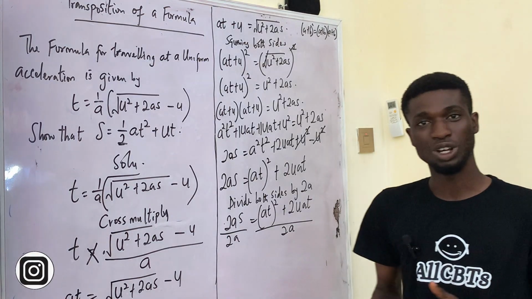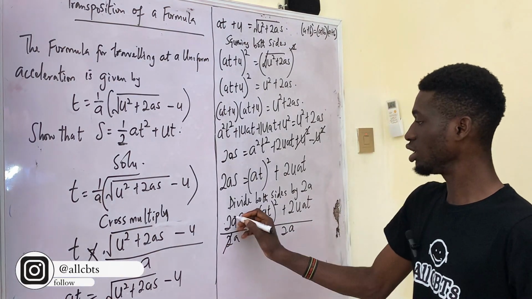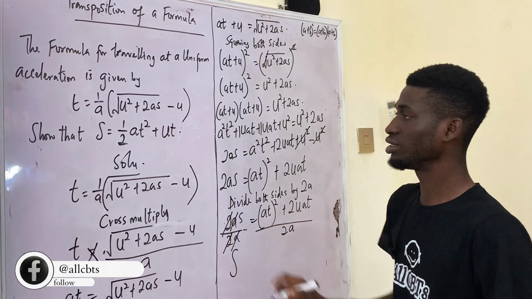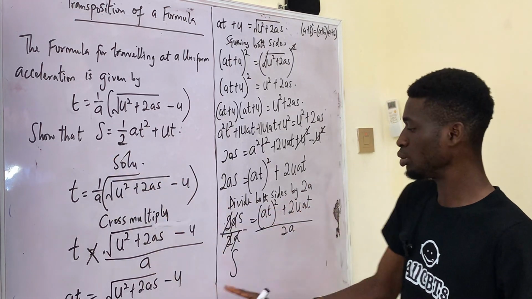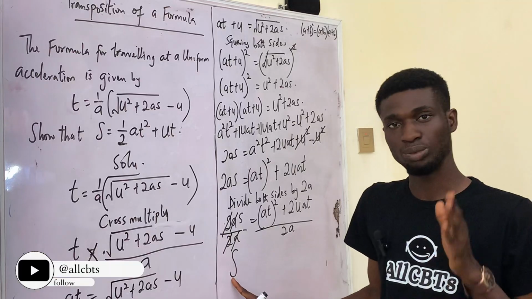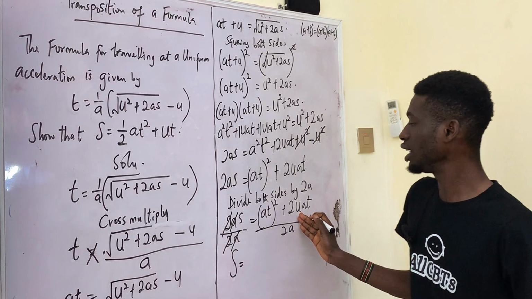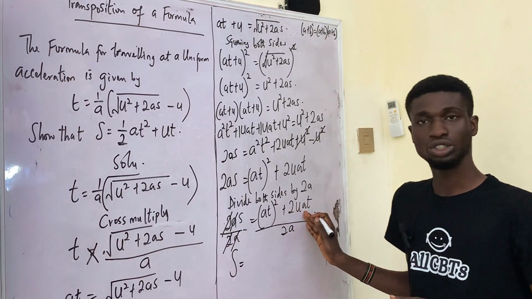Gradually, we are coming close to our answer. So 2 divides 2, a divides a. Now x. I've gotten my first variable, which is x, which I'm asked to make the subject of the formula, equals. Now I can split this equation into two.